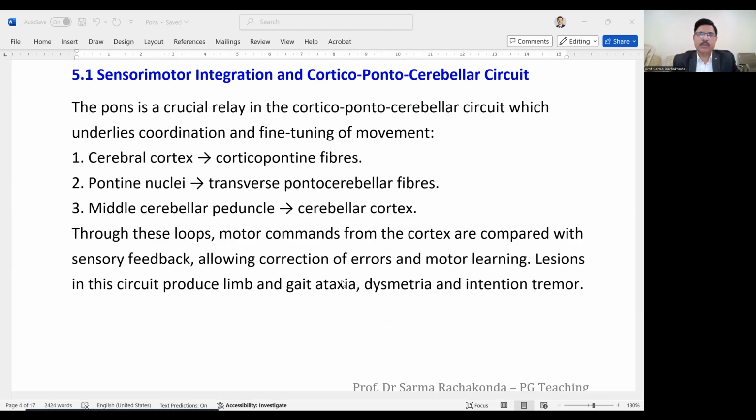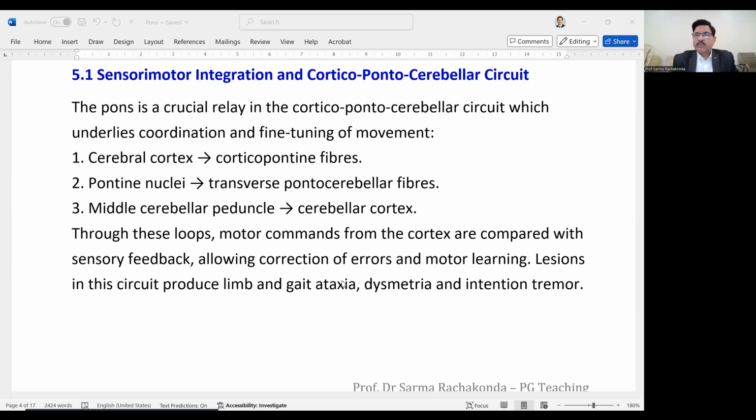Suppose there is a motor command, and the sensory feedback corrects how much amount of movement is required based on the proprioceptive senses, allowing the correction of errors and motor learning. Lesions in the circuit produce limb and gait ataxia, dysmetria, and intention tremor. So involvement of this region of the pons produces limb ataxia, gait ataxia, dysmetria.